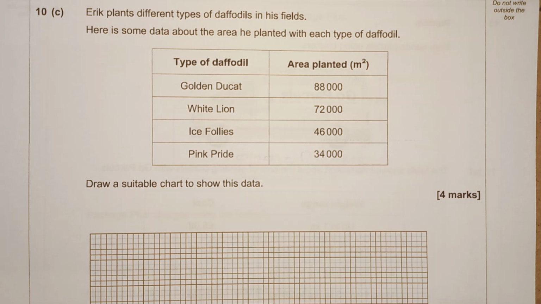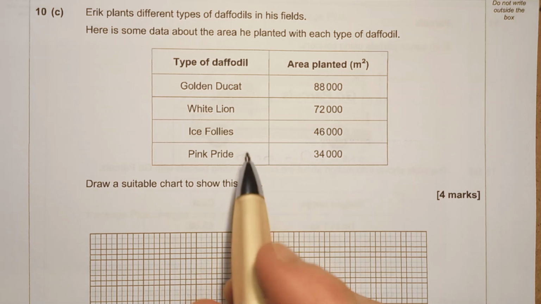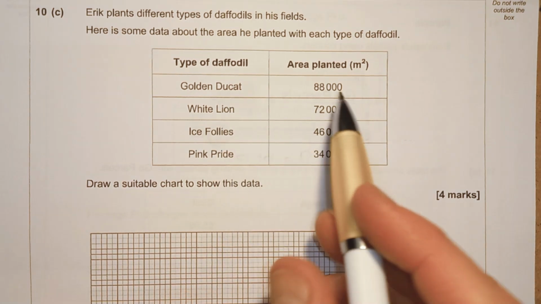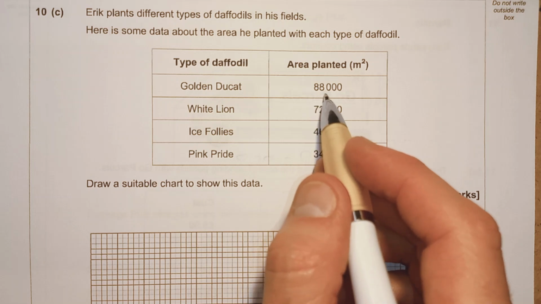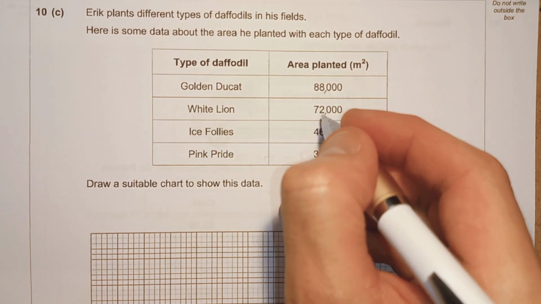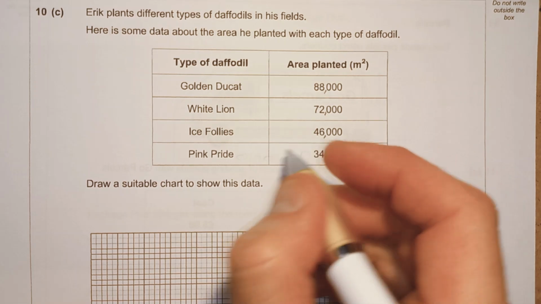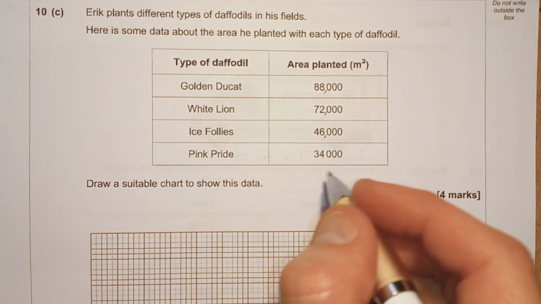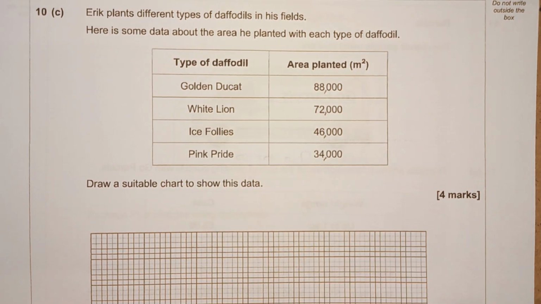Eric plants different types of daffodils in his fields. Here is some data about the area he planted with each type of daffodil. So a golden ducat, he planted 88,000 metres squared, so I'm going to put my commas in here. White lion, 72,000 metres of those. Ice follies, 46,000 metres, and pink pride, 34,000 metres.